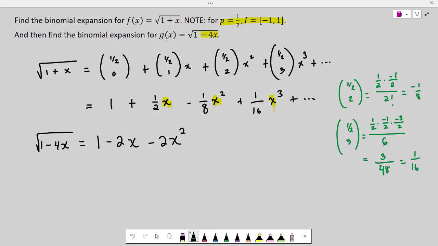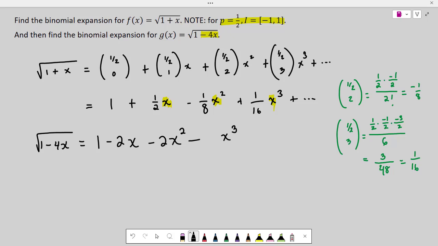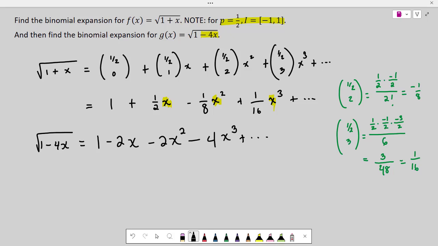And then here we plug in negative 4x. That negative is going to be preserved because we have an odd power. So we're going to have an x cubed, and the coefficient, 4 to the 3rd power. We have 4 squared in the denominator and 4 cubed in the numerator, so that's just going to leave us with a 4. So there is the power series for 1 minus 4x to the half.